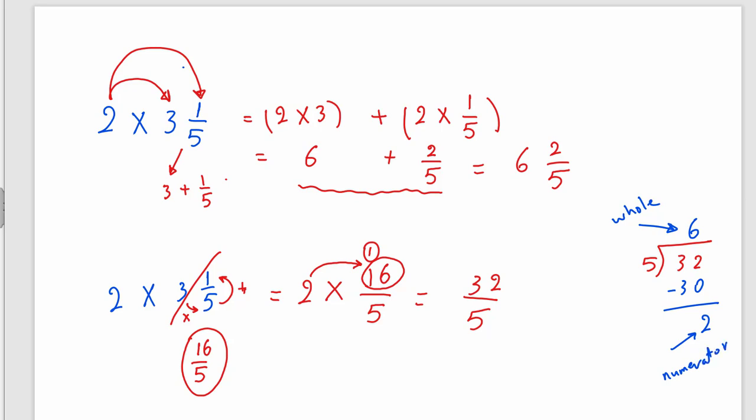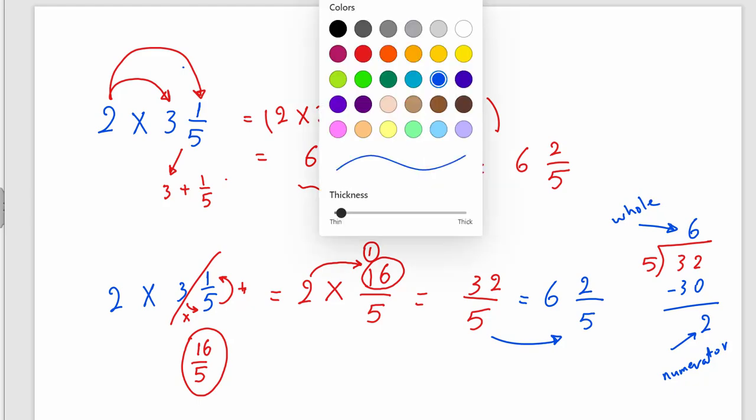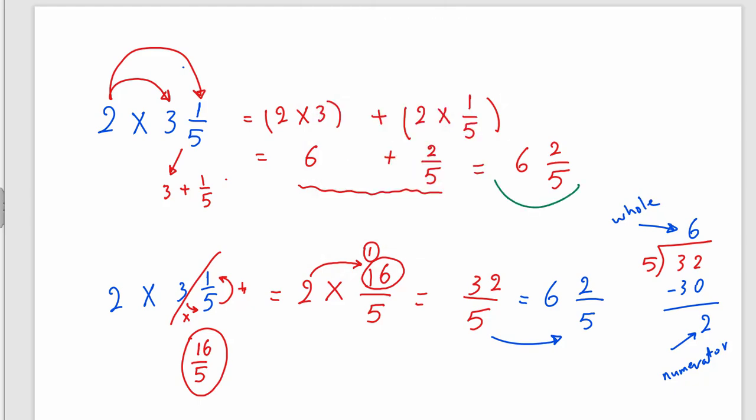And we keep the denominator as it is. So the whole number is 6 and the numerator is 2. And down, keep the 5. As you see here, my heroes, we have the same answer using the two ways.